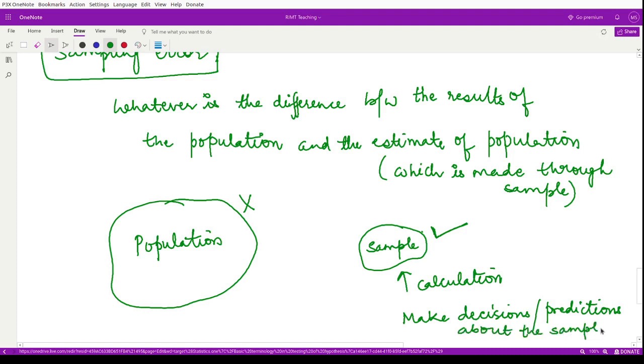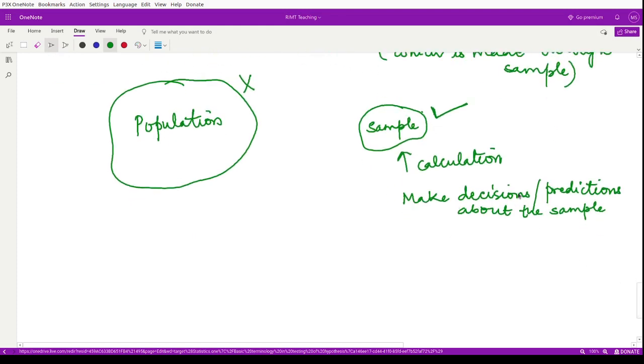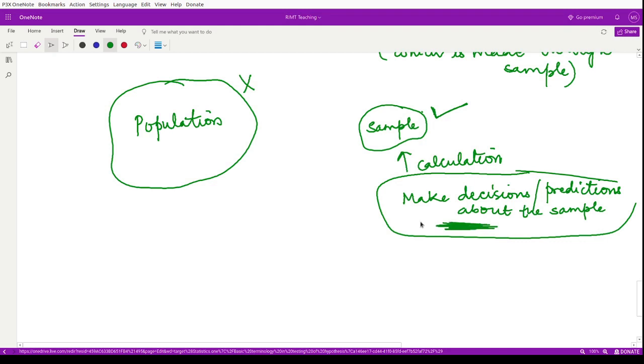So you see, from small information, you may have a decision on your population. That is the beauty of studying statistics. So we make decisions from the small sample to this population. However, to check whether our decisions are correct or not, we should have the population also.